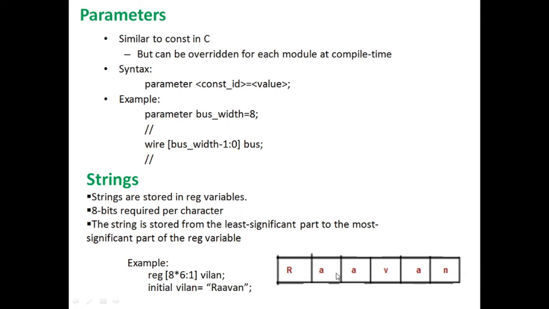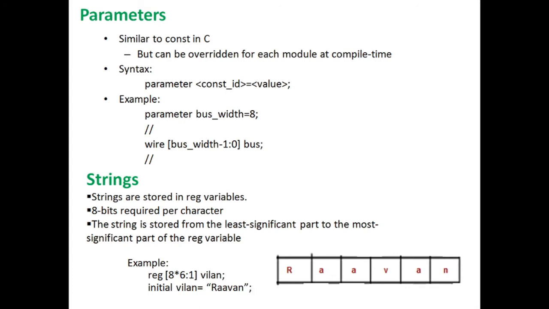If each character is occupying 8 bits, then definitely I require 6 into 8, that means 48 bits, because I have 6 characters and each character occupies 8 bits, that is [8*6:1]. That means I require 6 bytes here. So this register variable capacity is 6 bytes such that it can accommodate Raavan.